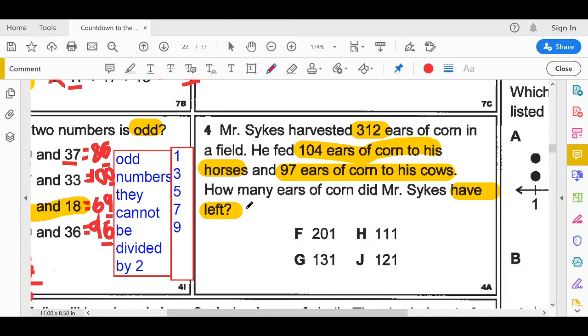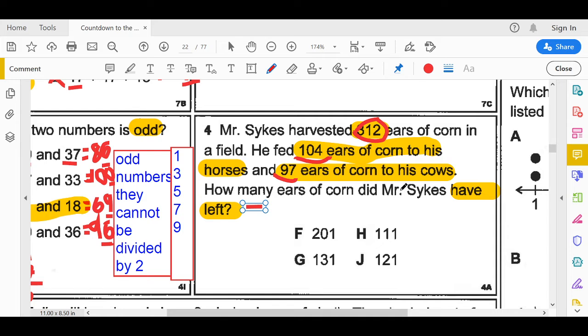Remember that when it says have left, we need to subtract. So what are we going to subtract? We're going to subtract 104 and 97 from the original number of corn, which was 312.